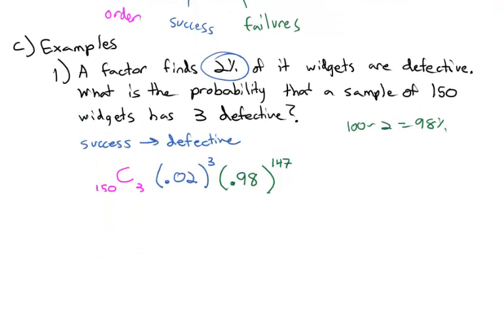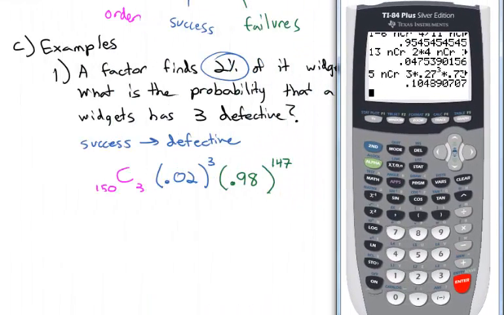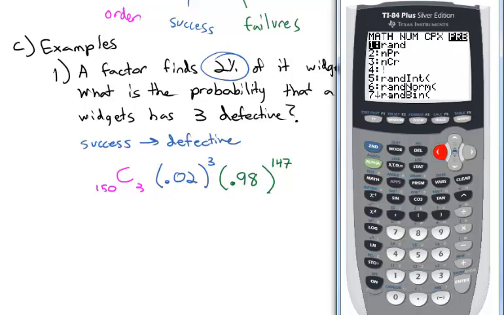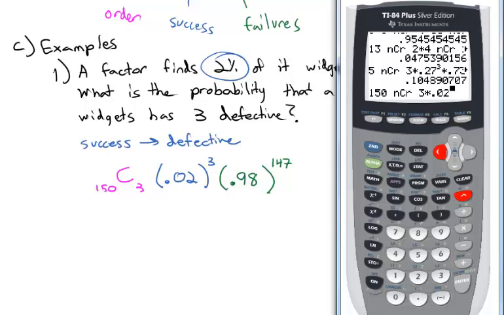So now we just have to go to our calculator. We'll type in 150, go over to combination, 150 choose 3 times 0.02 to the 3rd power, getting out of the exponent, times 0.98 to the 147th power.